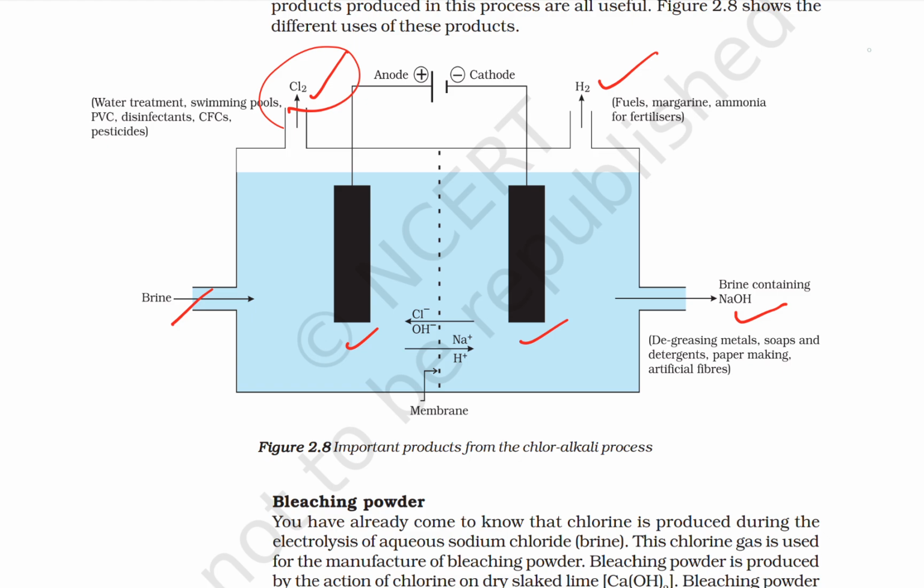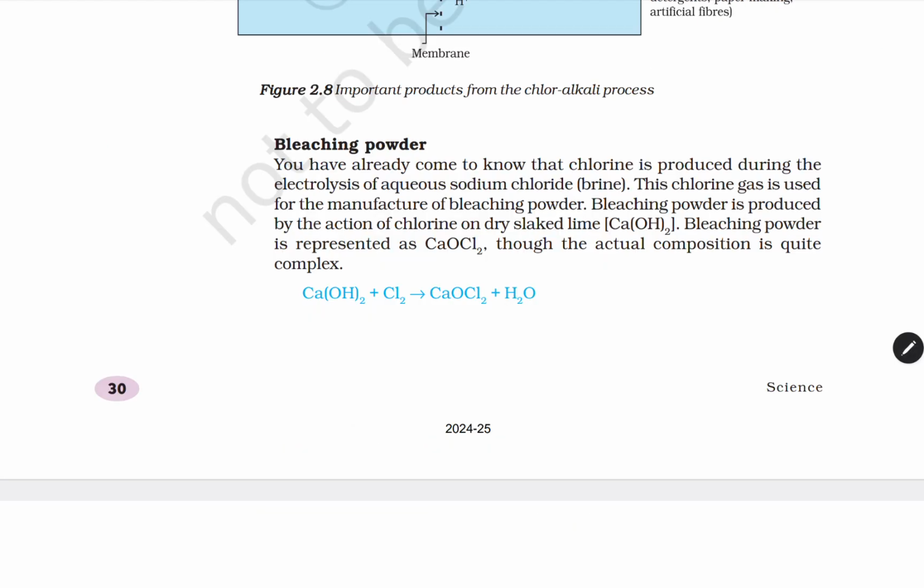Okay. So here how to prepare bleaching powder is shown. Once we get chlorine from the above reaction, the chlor-alkali process, when this chlorine reacts with Ca(OH)2, then it produces CaOCl2, which is nothing but bleaching powder, and water is released here.